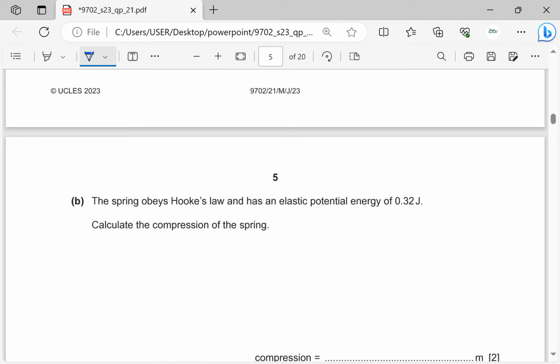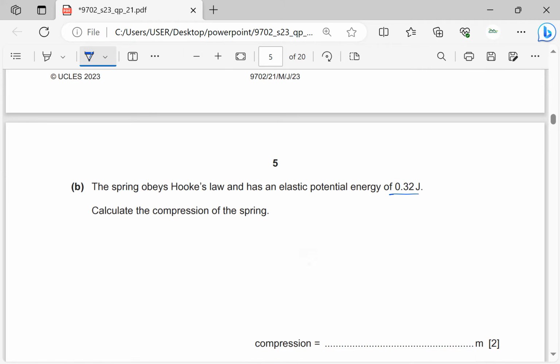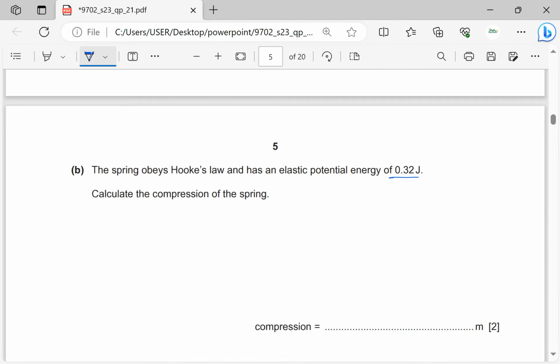The spring obeys Hooke's law and has an elastic potential energy of 0.32 joules. Actually, the compression of the spring. So we know that the spring has elastic potential energy, and elastic potential energy is equal to a half kx squared, or it is going to be a half times Fx, depending on what is given.